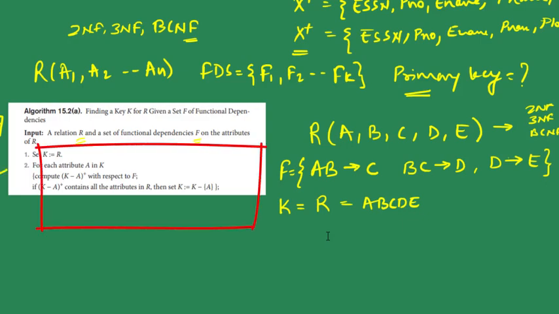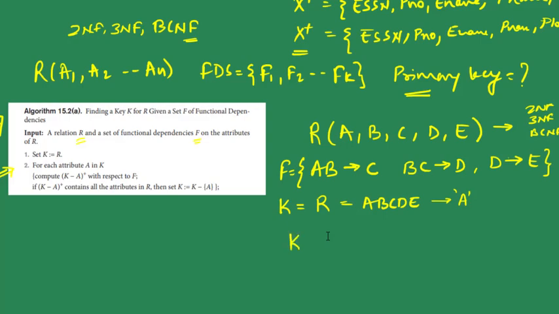So what this algorithm says is that step number 2, for each attribute A in K. Now, K contains 5 attributes here. Each one of them is designated as A. So don't take this A as A here, just A is any attribute. So now what you have to do is for each attribute A in K, you have to find out K minus A and its closure.